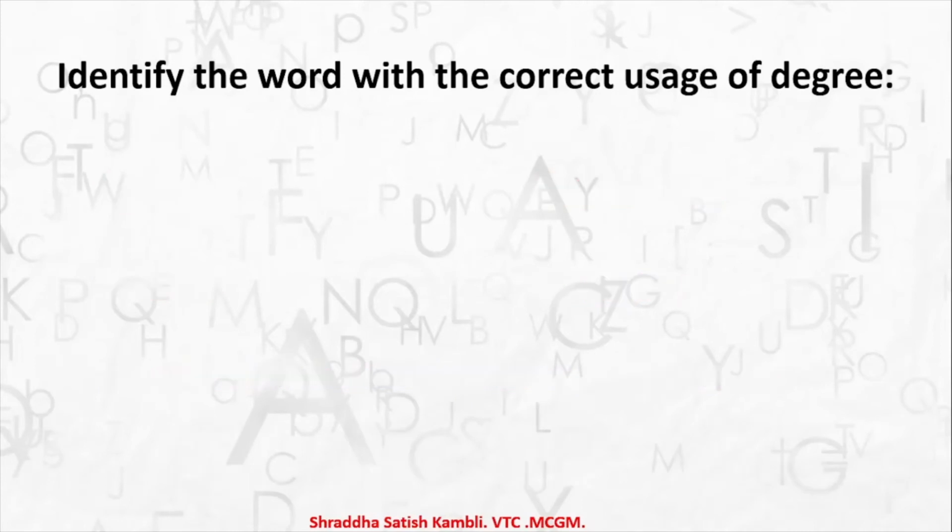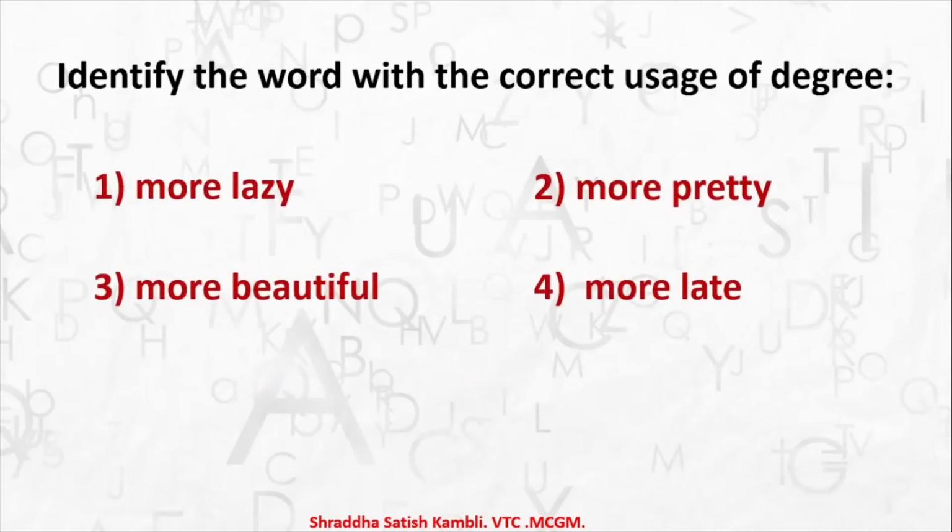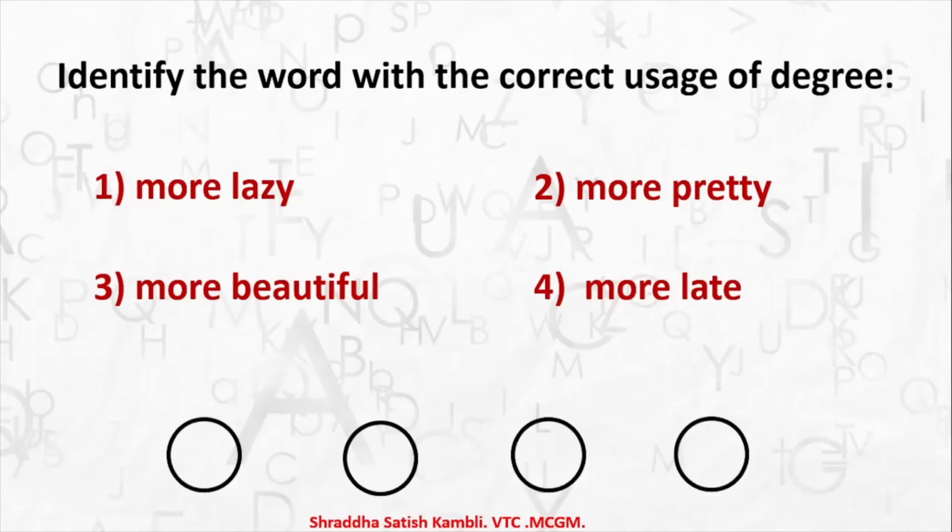Coming to the third example here. More lazy, more pretty, more beautiful, more late. So which one of this more is correct and which are wrong? So let's see, first, second, third or fourth. Which one is right? It is the third one which is right. Okay, more beautiful. You don't say more lazy, you say lazier. Okay, you don't say more pretty, you say prettier. But you say more beautiful.